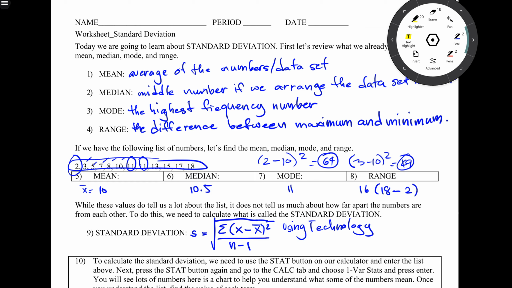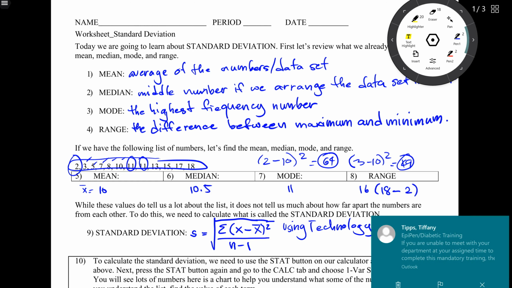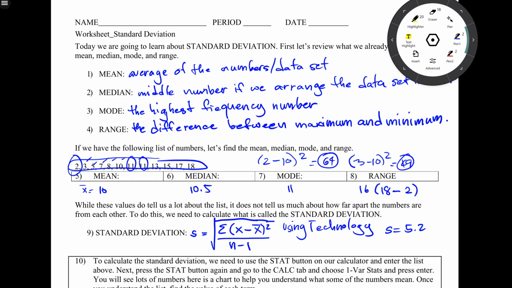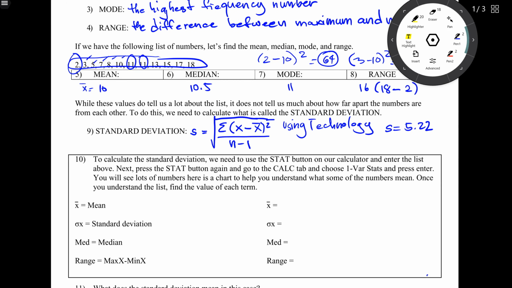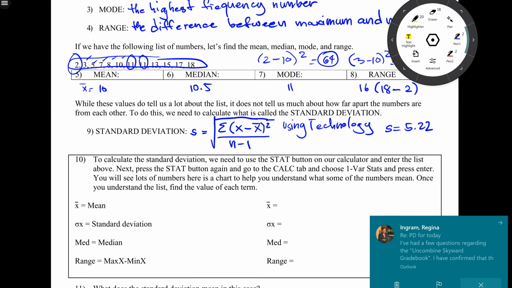The standard deviation S for this data is 5.22.